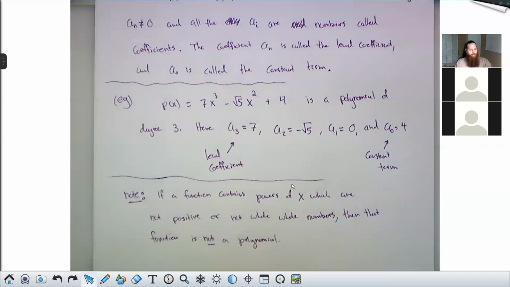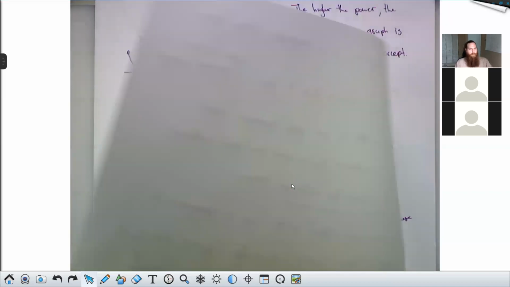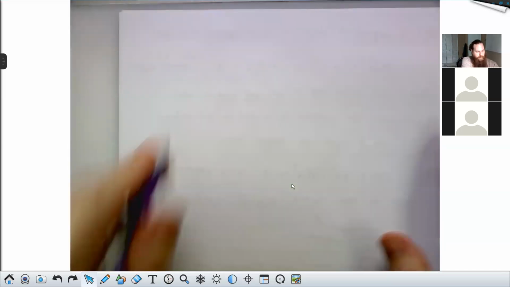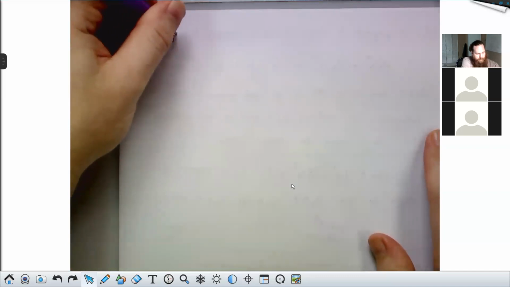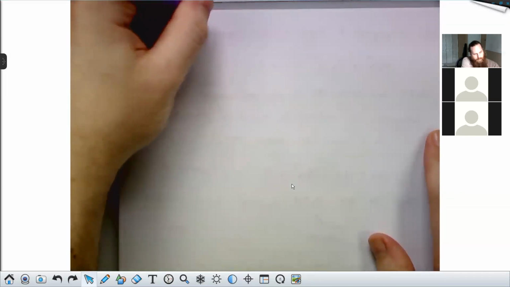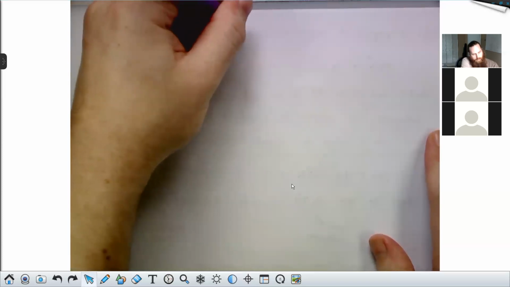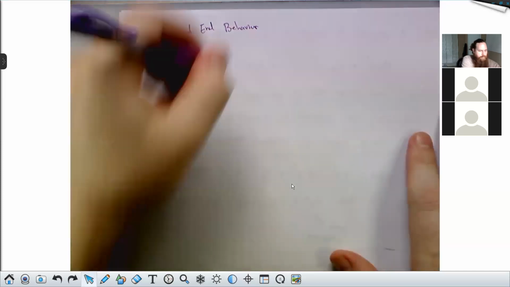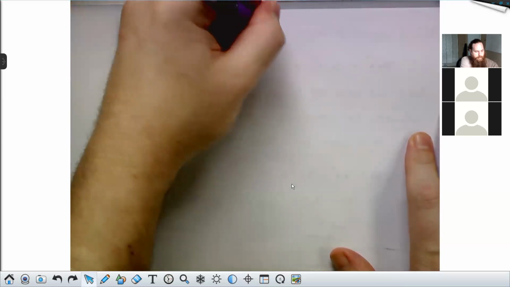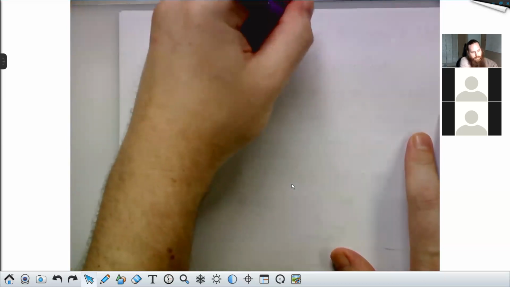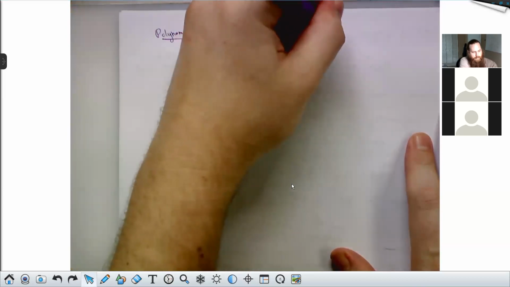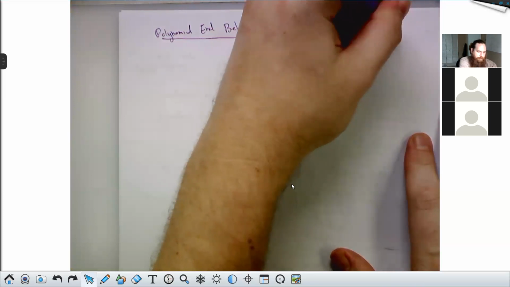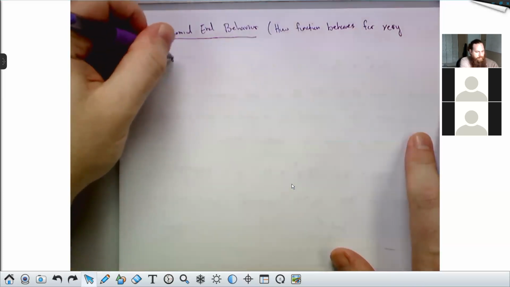All right, so I'm going to wrap up here today by talking about polynomial end behavior. By end behavior, what we mean is how the function behaves for very large values of x.